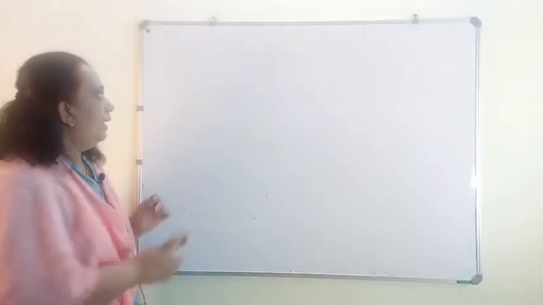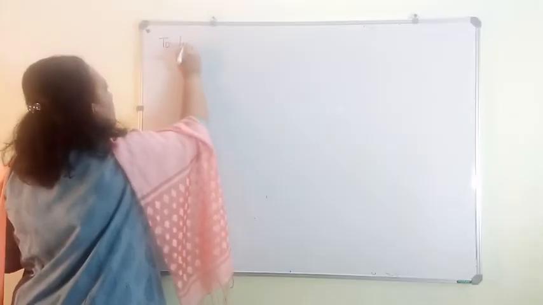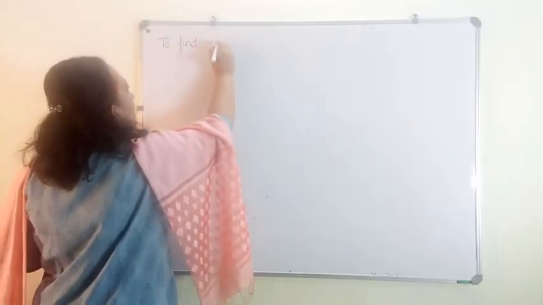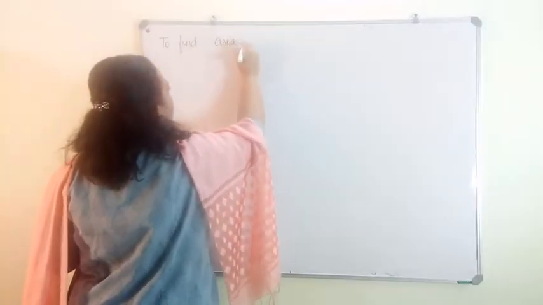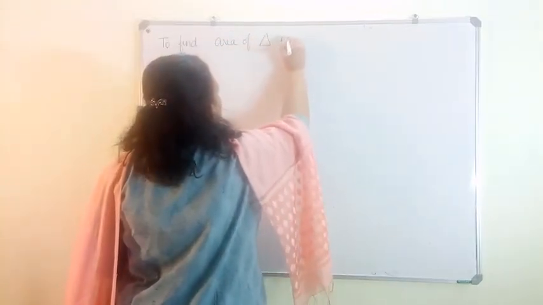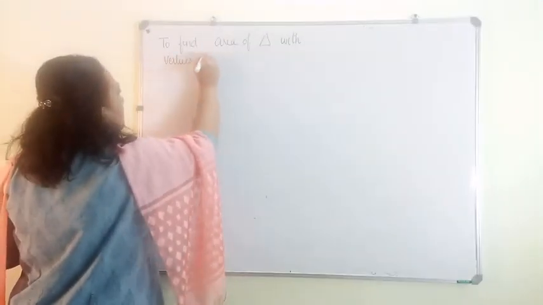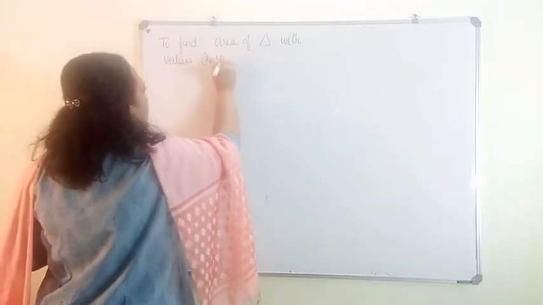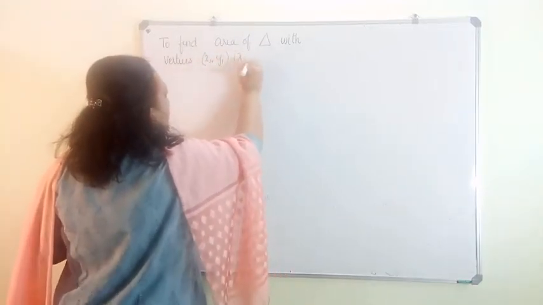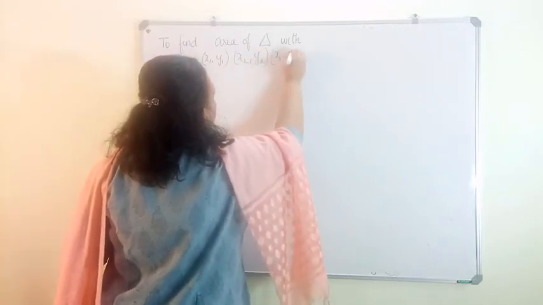That is, to find the area of a triangle with vertices x1 y1, x2 y2, and x3 y3.